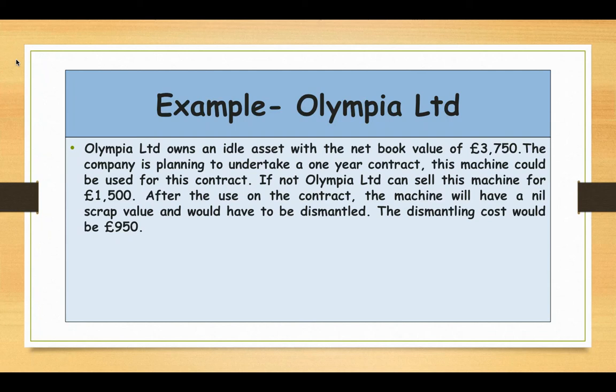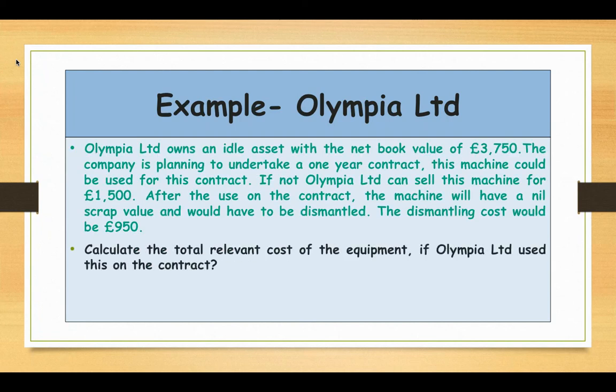If not, Olympia Limited can sell this machine for £1,500. After the use on the contract, the machine will have no scrap value and would have to be dismantled. The dismantling cost would be £950. Calculate the total relevant cost of this equipment if Olympia used this on the contract.